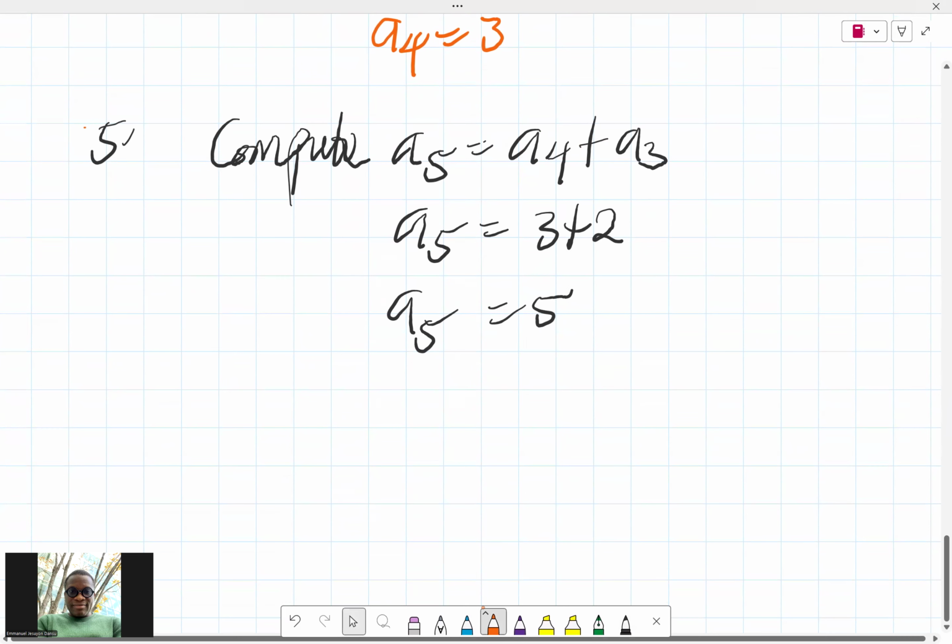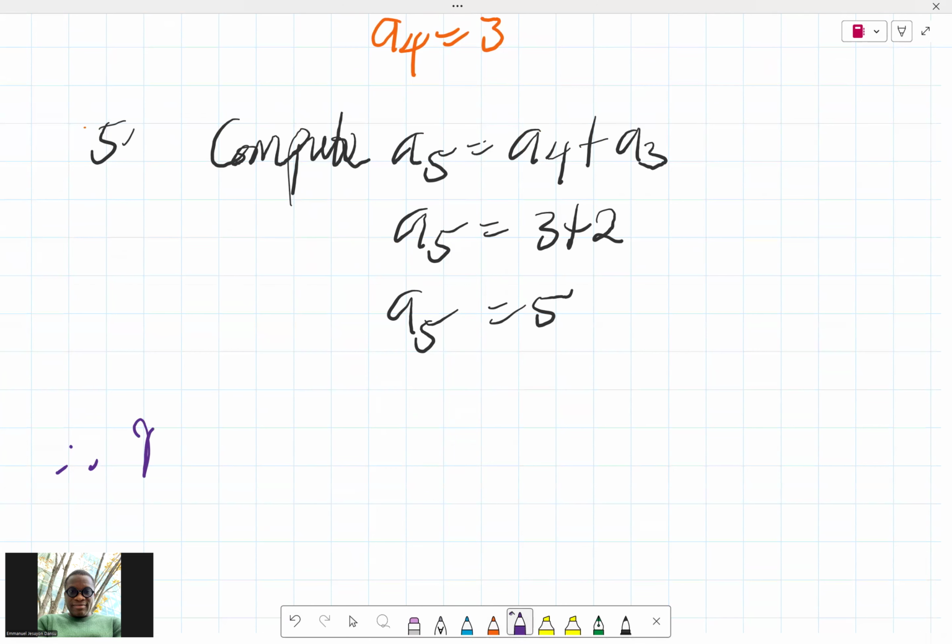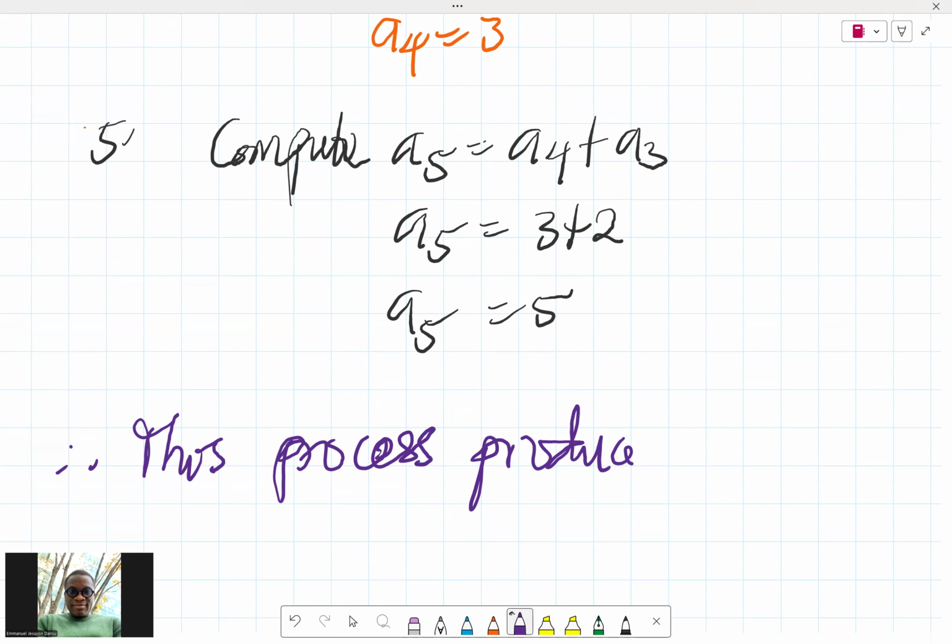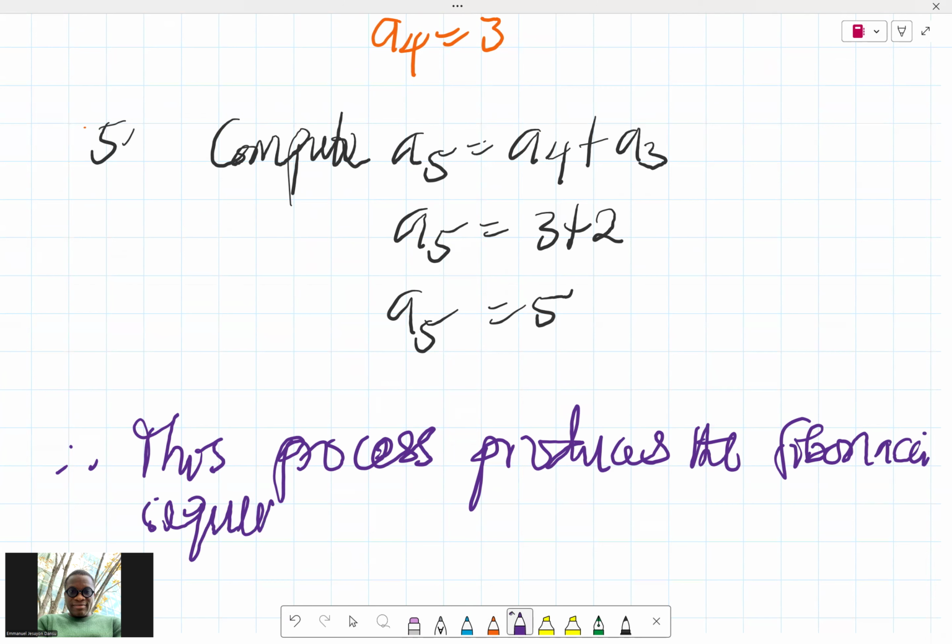From all of this, we can conclude that this process produces the Fibonacci sequence: 0, 1, which is 0 plus 1, 1, 1 plus 1, 2, 1 plus 2, 3, 2 plus 3, 5.